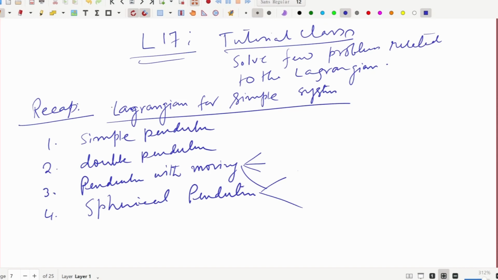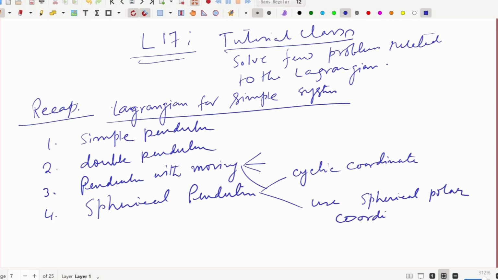One is a cyclic coordinate, and the second is the use of the spherical coordinate system. So we discussed these problems, and now we will consider a few more problems to illustrate.